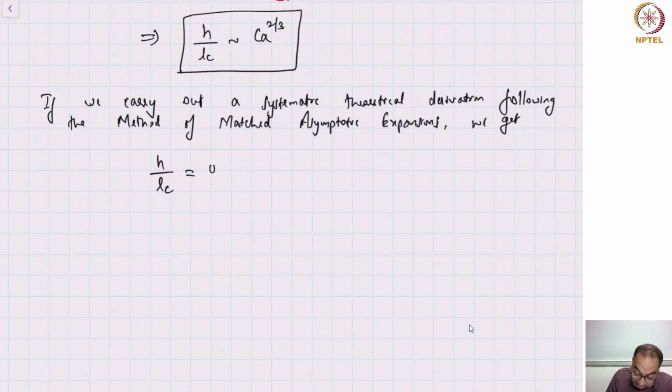H by LC is equal to 0.9458 capillary power 2 by 3.